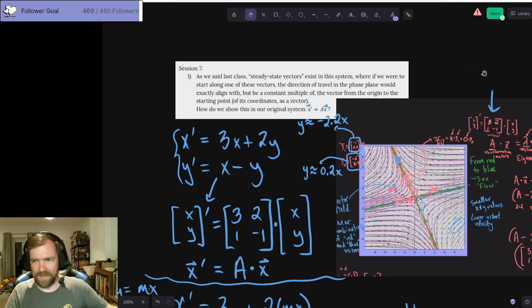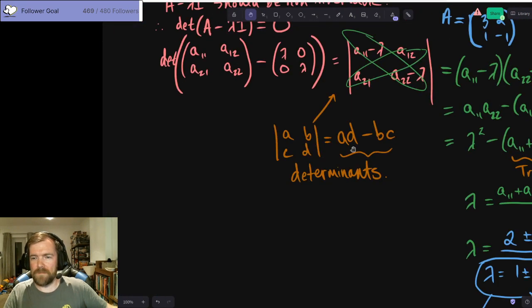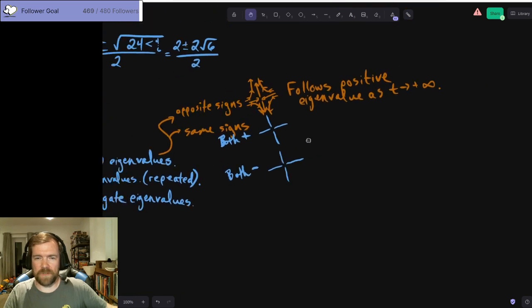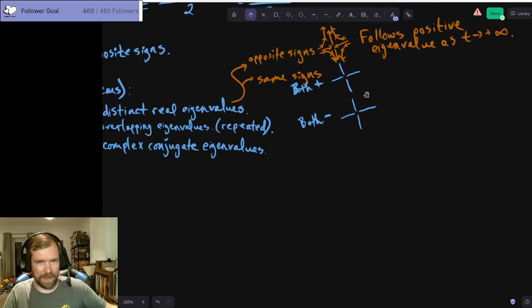You called it the steady state vectors. Right. So regardless of which eigenvector you're on, what does that mean?